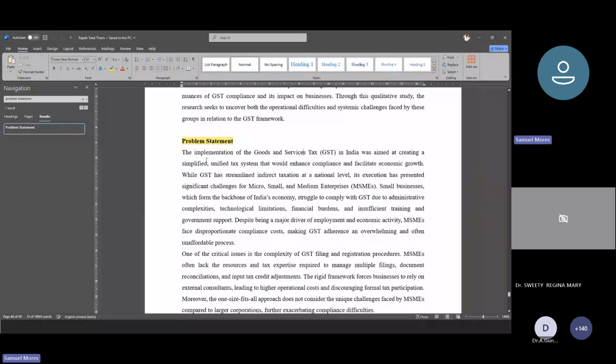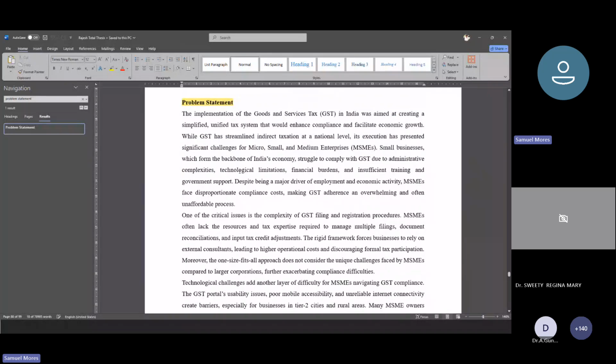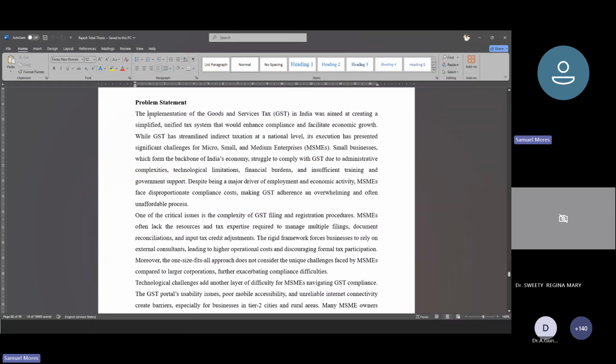So I'm just showing an example of a problem statement now. Here you can see GST was aimed at creating a simplified and unified tax system that will facilitate economic growth. GST has streamlined indirect taxation at the national level, but it has presented significant challenges for MSMEs.